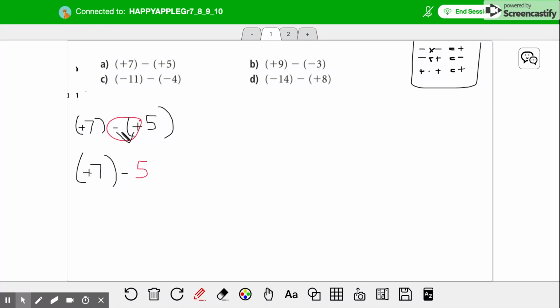Wait, I have a question. So why do we need to know about... I thought we were switching the operations or something. So what's the point of doing negative times positive when you're not really going to switch anything? Okay, now this depends on what you have been talking about and how you've done it in class.